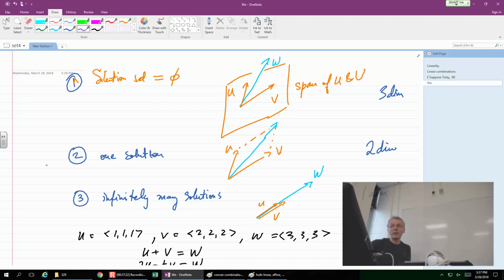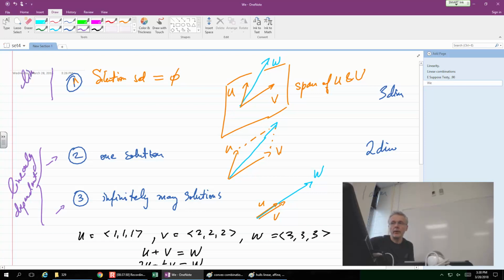Is it possible that one of these is satisfied? Not number one. Number one, as you can see, is a linearly independent set at the top, because w hovers above the plane. It cannot be expressed as a linear combination of the other two. But these two are linearly dependent. So this is linearly independent.